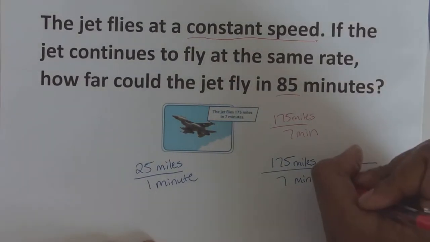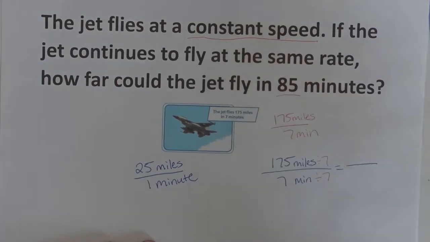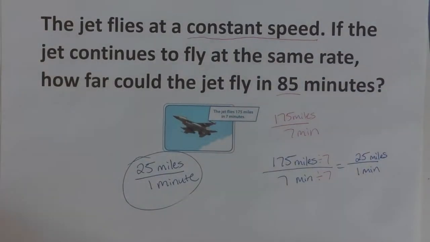Correct, by 7. So I'm going to divide my denominator by 7 and also divide my numerator by 7 to give me that 1 minute to 25 miles, just like we did with the other problem.